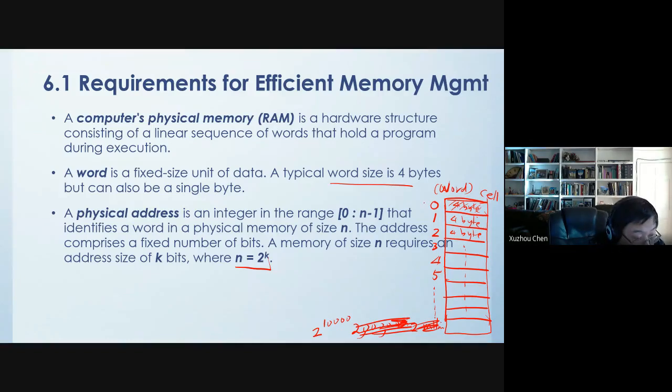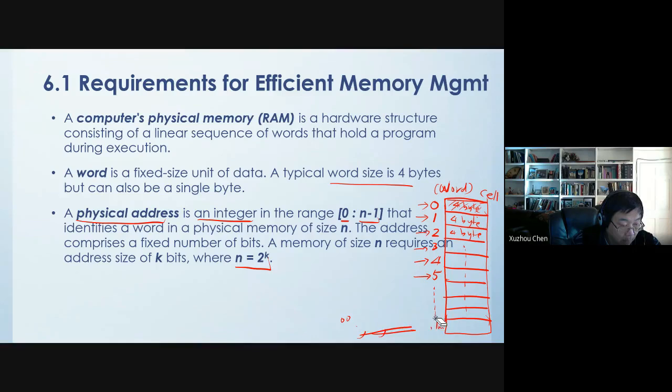Now this number is also referred to as the memory address. The memory address is basically a number that represents the location of a word. So a physical address is an integer in the range from 0 to n minus 1. Instead of using an actual number, I can just use the character n.